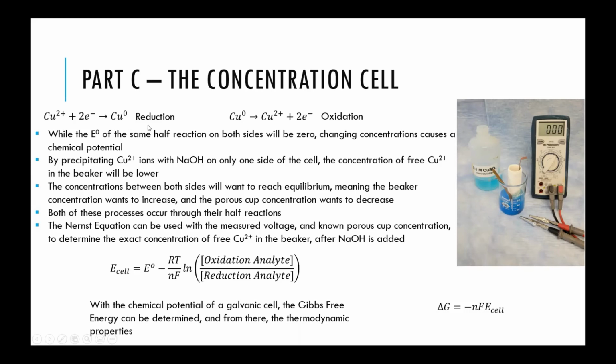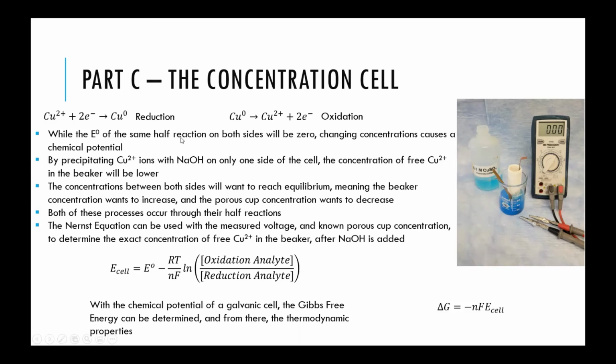So you can see that in the reduction reaction, copper 2+ is going to go to copper metal, and in the oxidation reaction, copper metal would go to copper 2+. All of these reactions want to be in balance with each other, especially in terms of concentration. So when the concentrations on the inside and outside of the beaker are unbalanced, they want to go back and reach that balance between them.